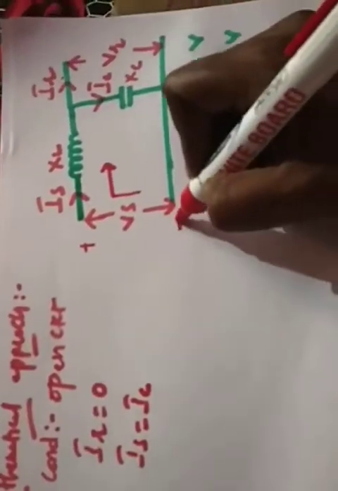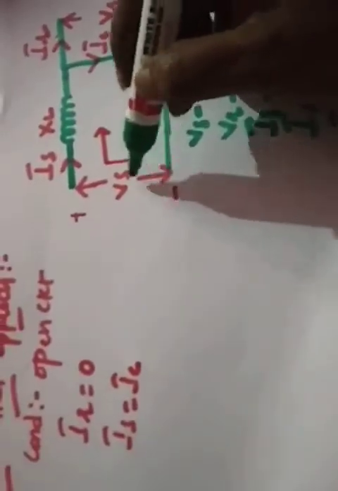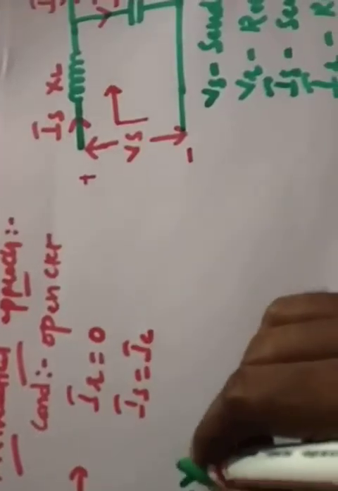Now you just apply a loop equation here. The current in this direction, so this is a plus and this is a minus. Current will flow from minus to plus, so it will be taken as minus Vs plus. What is the drop here? It is IS into XL. Plus, what is the voltage?